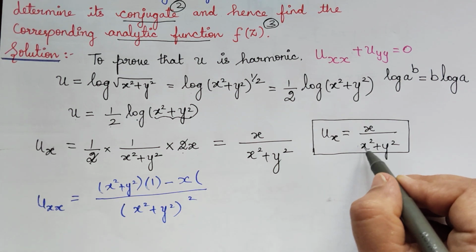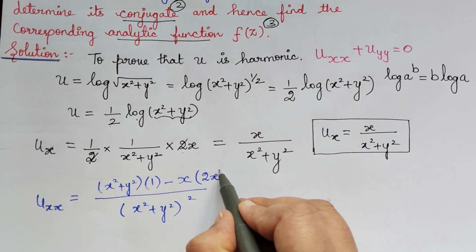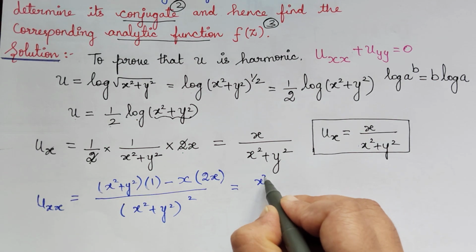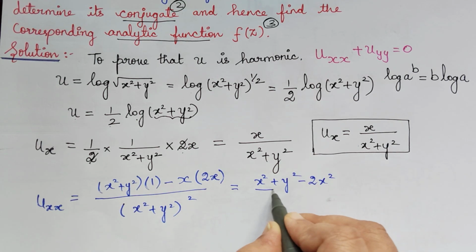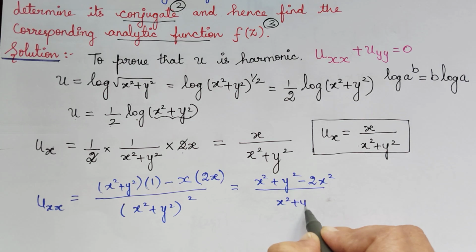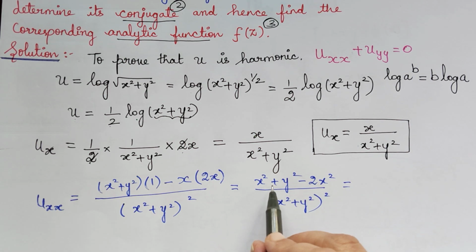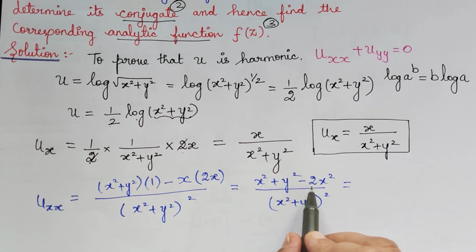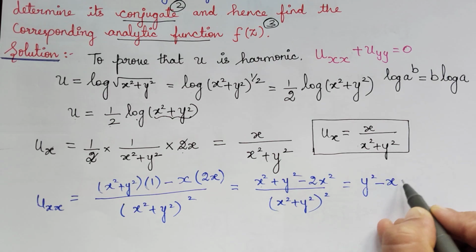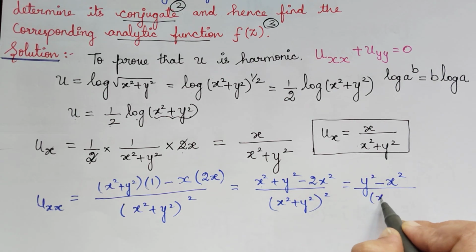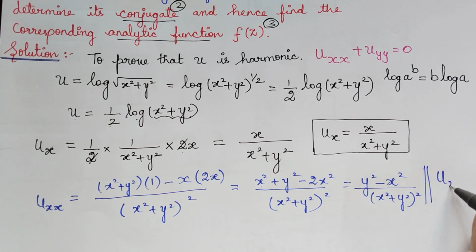Now here when we differentiate we get 2x, and then differentiation of y square is 0, and so this will be equal to x square plus y square minus 2x square the whole divided by x square plus y square the whole square. So on simplifying, x square minus 2x square will be minus x square. So we can write this as y square minus x square divided by x square plus y square the whole square. So this is uxx.